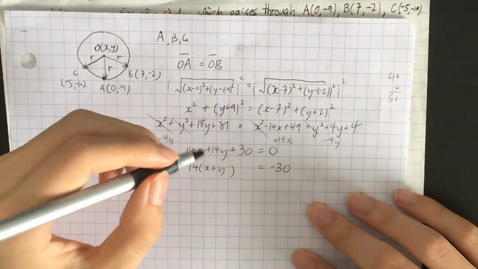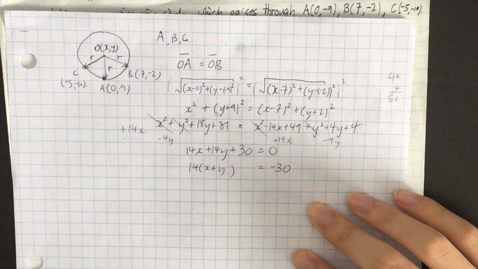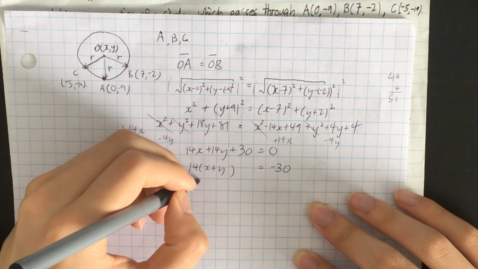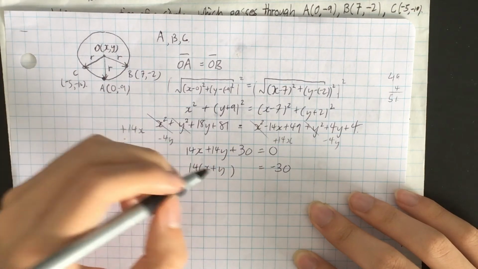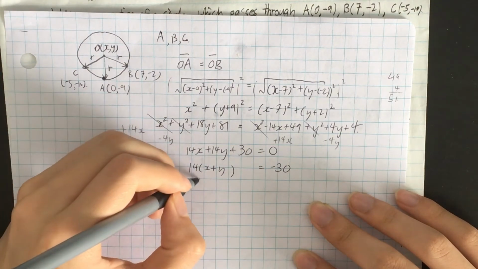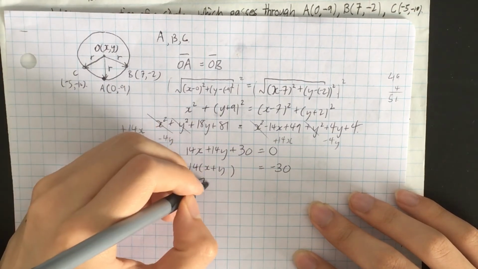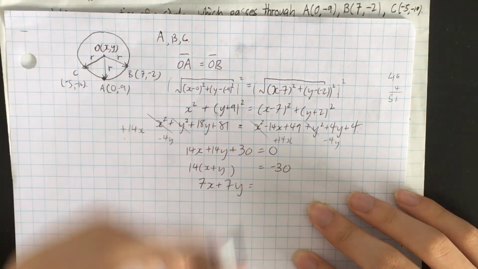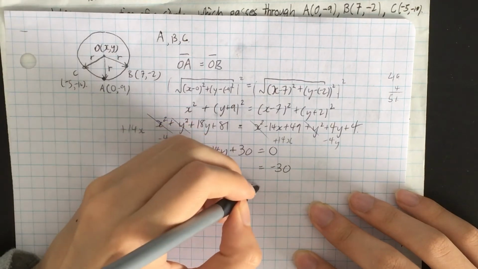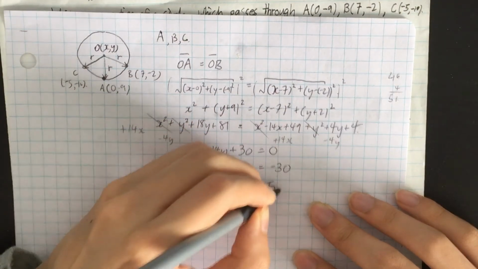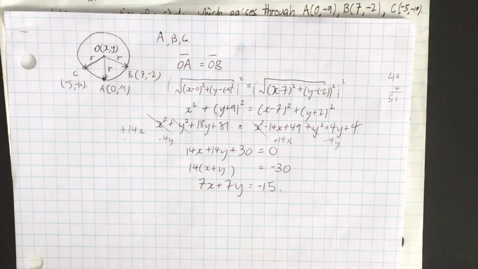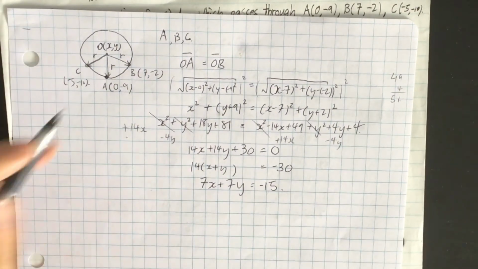So we're going to go ahead and divide by 2 on each side. So you have 7x plus 7y is equal to, and there's our first equation relating the x and y points.